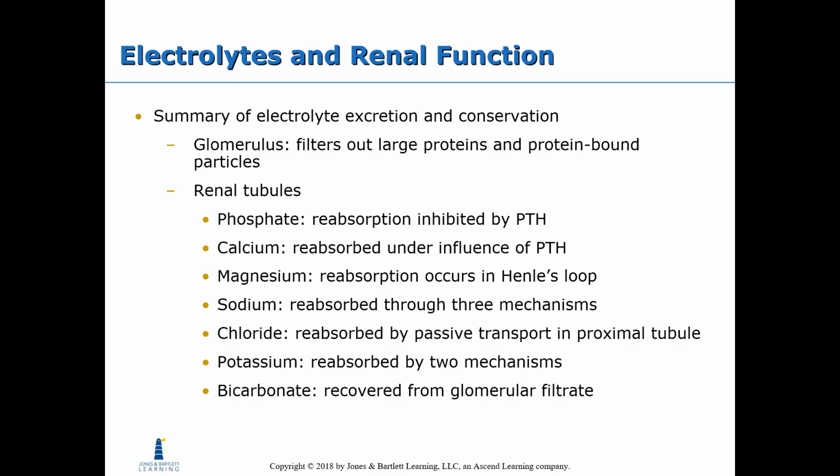Same thing with calcium: calcium reabsorption is under the influence of parathyroid hormone. Magnesium reabsorption occurs in Henle's loop. Sodium reabsorption occurs through three different mechanisms. Chloride reabsorption is by passive transport in the proximal tubule. Potassium is reabsorbed by two mechanisms. Bicarbonate is recovered from the glomerular filtrate.